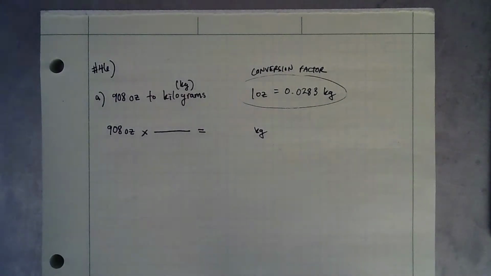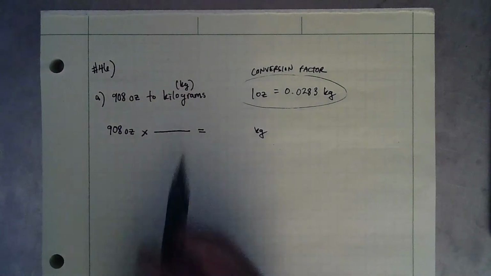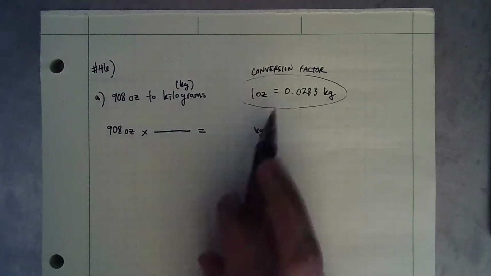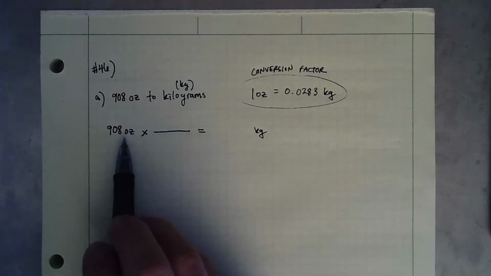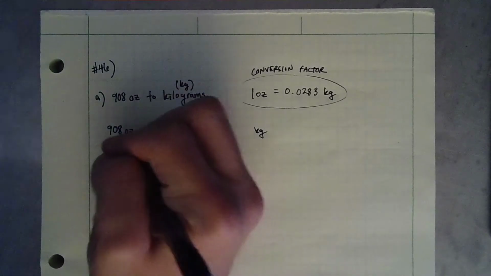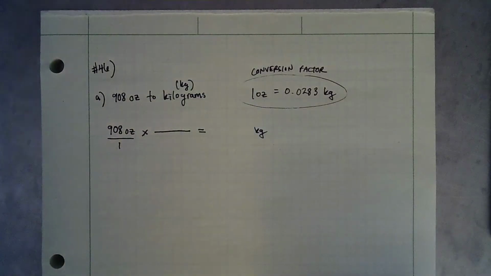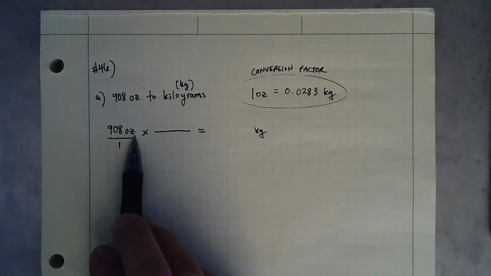We're going to analyze the units in our problem, and that's going to tell us where this information goes. Over here, I have the unit ounces in the numerator. Technically, you could write this number as 908 ounces over 1. So ounces is in the numerator.